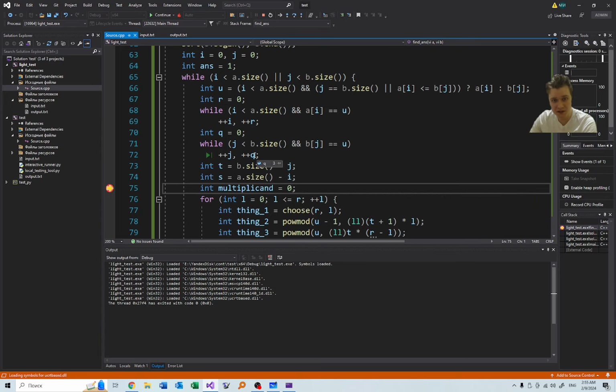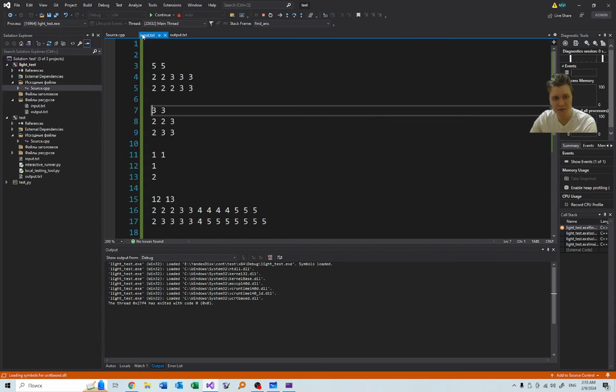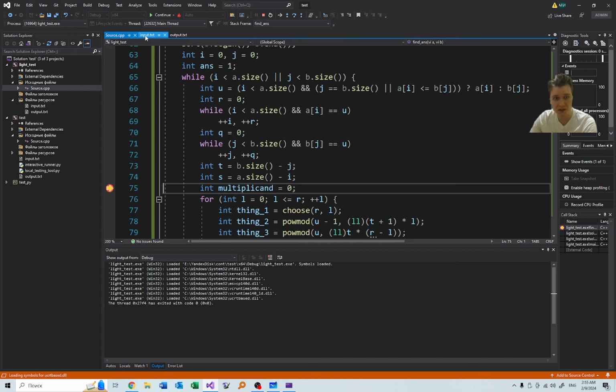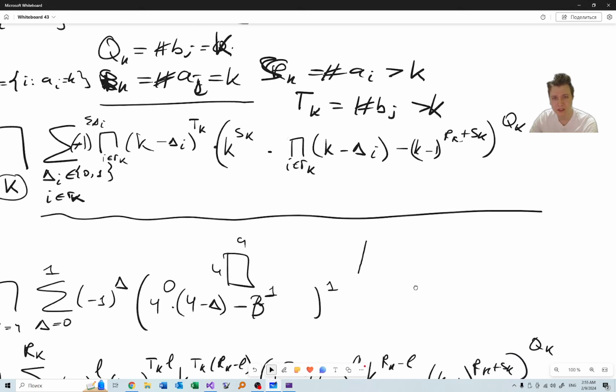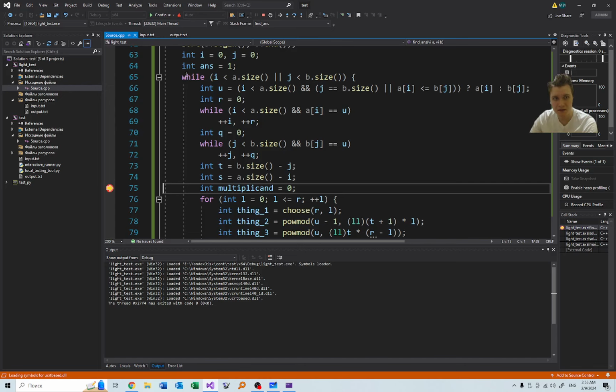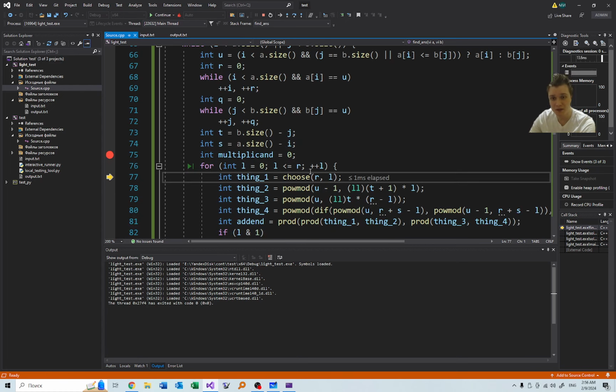This is 2, this is 3. What should t be? t should be the number of b's which are greater than k. So t should be 2 and s should be 3. Then we calculate this huge mass.